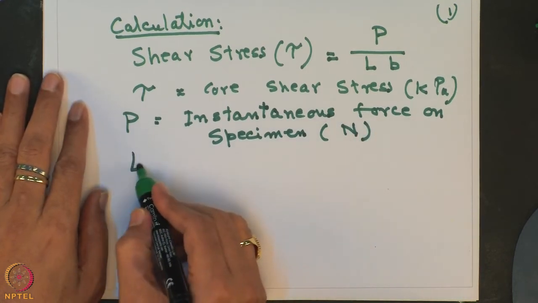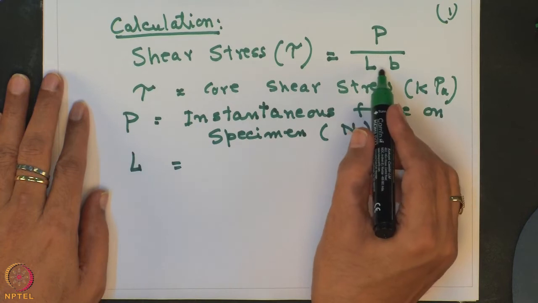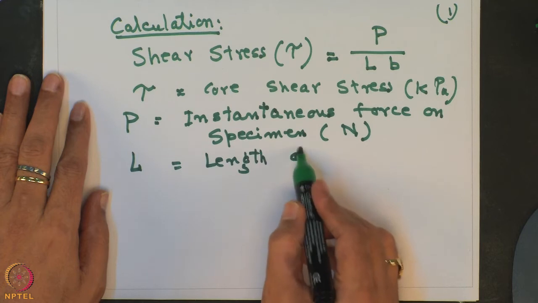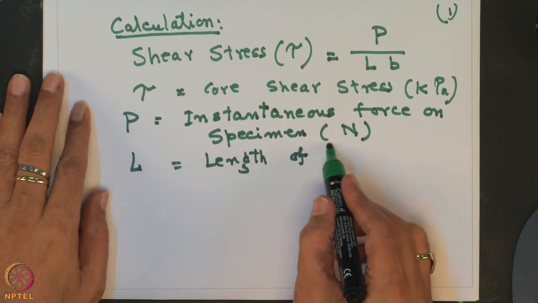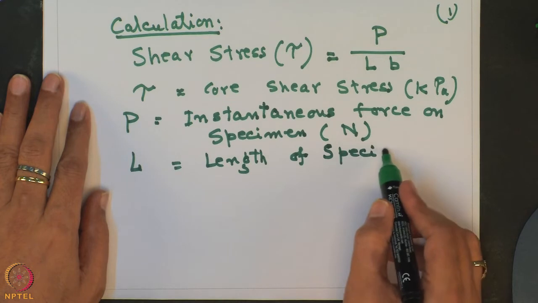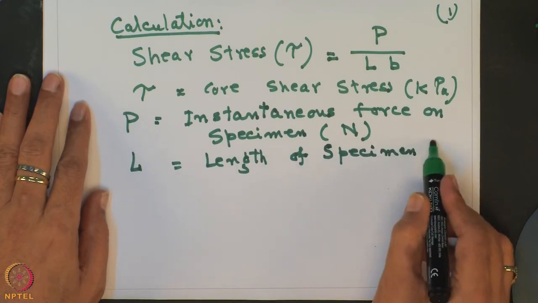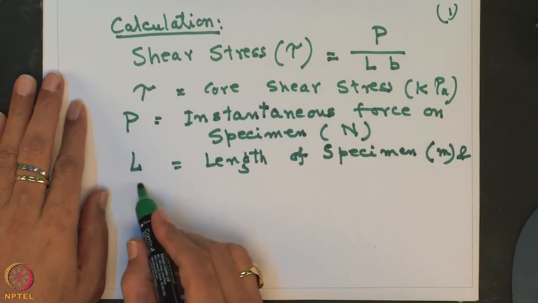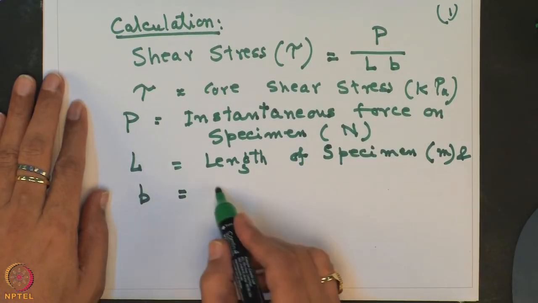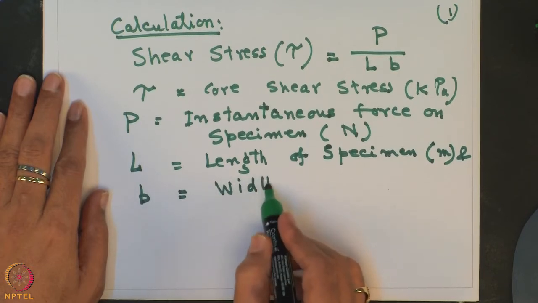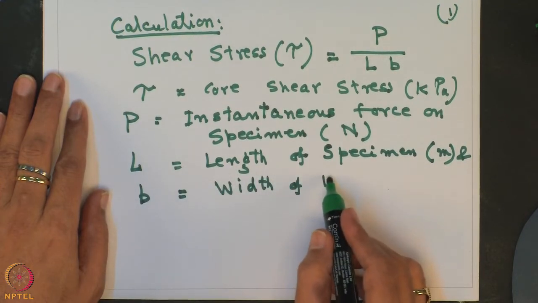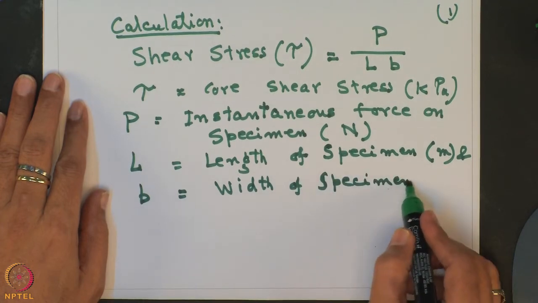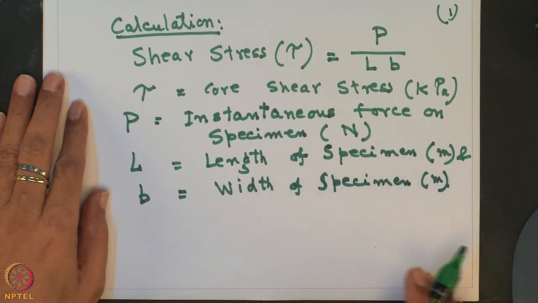L is the length of the specimen, and that is in meter. And B is the width of the specimen, and that is also in meter.